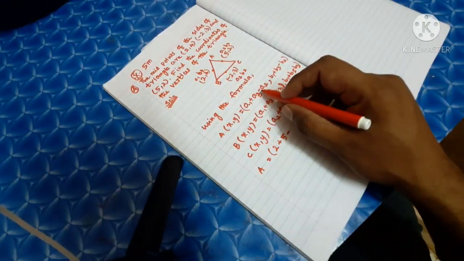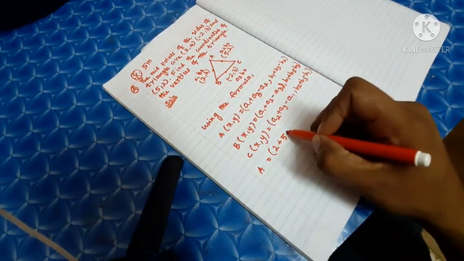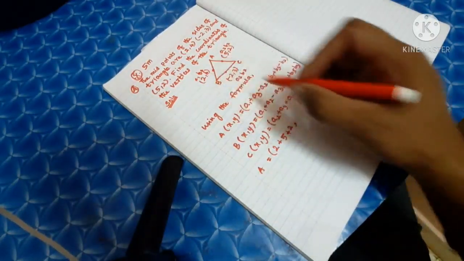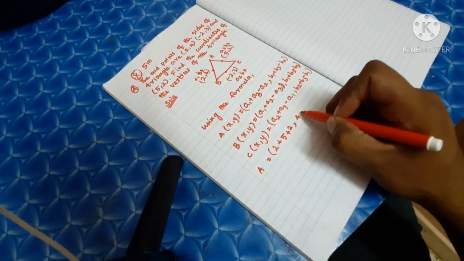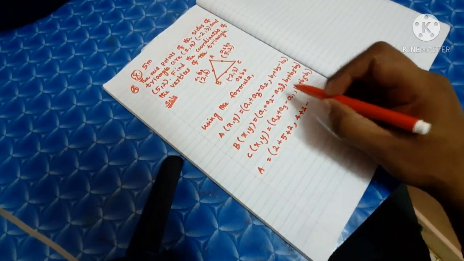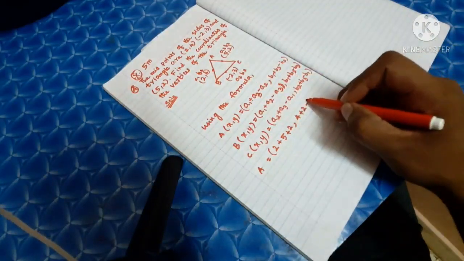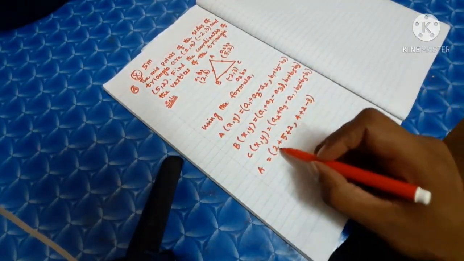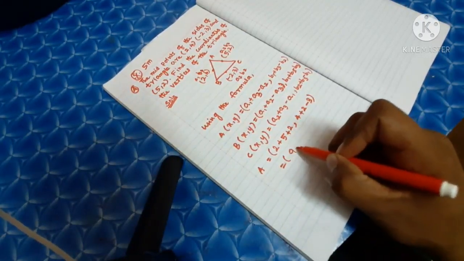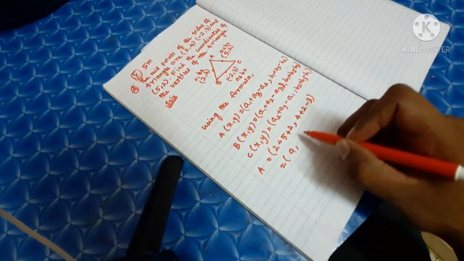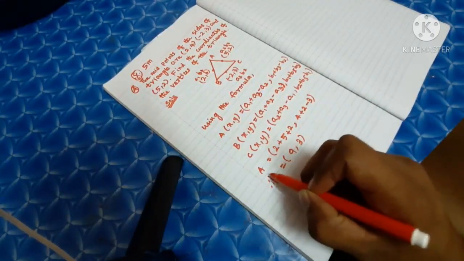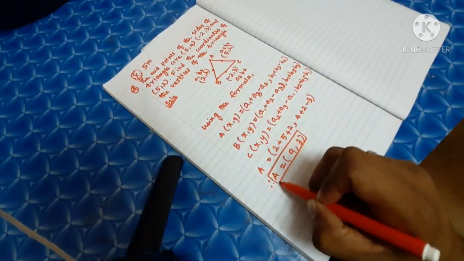The formula already has a minus, and again a minus, so minus into minus is plus 2, comma b1 4 plus b3 2 minus b2 value 3. So 2 plus 5 is 7, 7 plus 2 is 9, comma 4 plus 2 is 6, 6 minus 3 is 3, 9 comma 3. Therefore vertex A is equal to 9 comma 3.